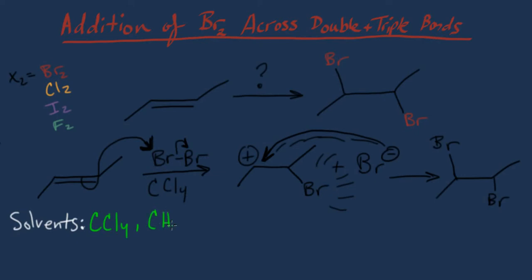That's CH2Cl2. And then for other possibilities, you can maybe even find an ether that would work. I'm going to put that one in brackets because it is still pretty sensitive. You'd want to find a good ether solvent that would satisfy the reaction.